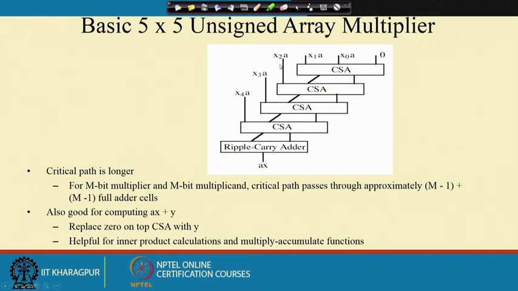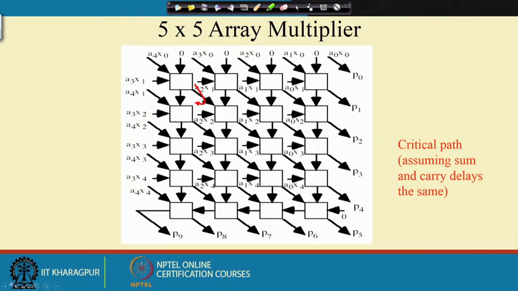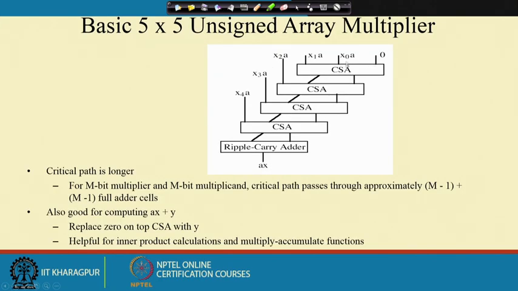At each level, two of the inputs come to the next carry save adder level. So, this is for x0a, x1a, x2a, x3a, x4a. All are added using the carry save adder, and finally the bits are added in a carry ripple adder to get the corresponding results.